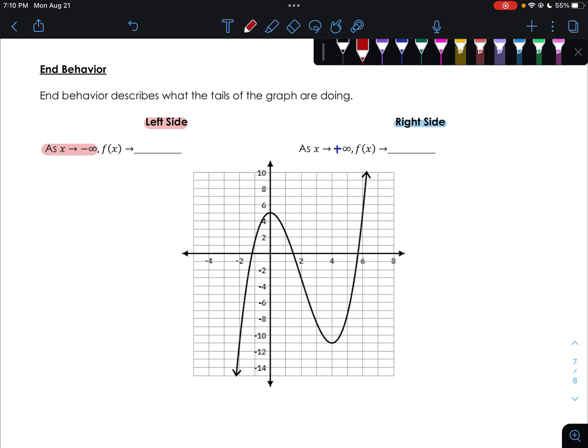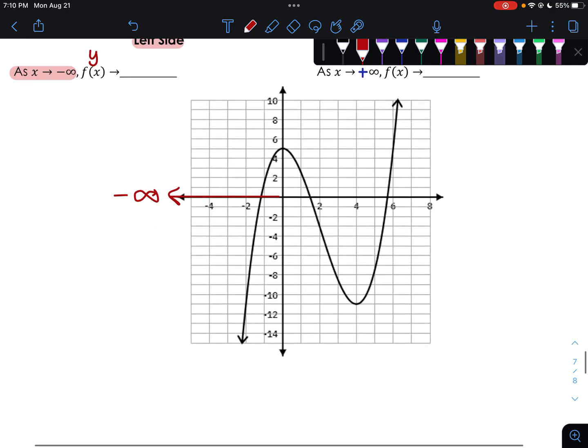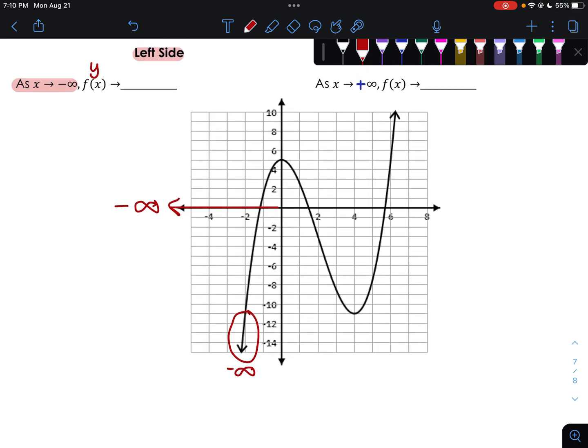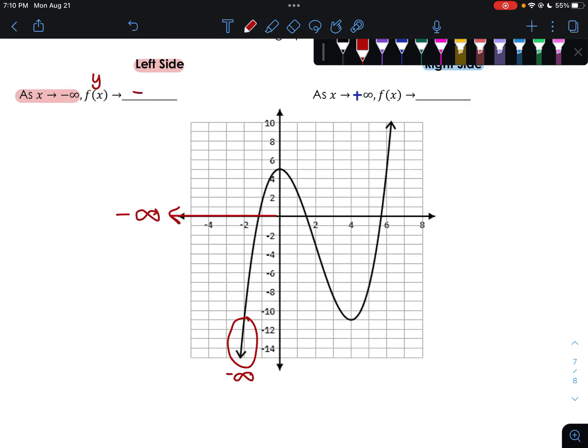So as my x values go this way towards negative infinity, what is the y value of my graph doing? Because remember, f of x equals y. So my y values down here are going down as well towards negative infinity. So as x approaches negative infinity on this graph, y also approaches negative infinity.